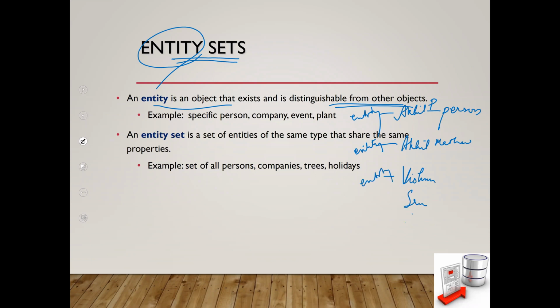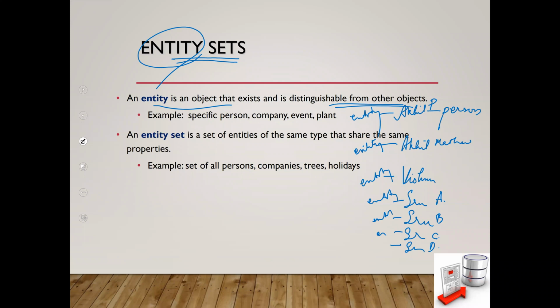I do have four Shrutis: Shruti A, Shruti B, Shruti C and Shruti D. Each of them is a person, and each of them is distinguishable from the other. Shruti A is different from Shruti B, which is different from Shruti C, which is different from Shruti D. All these are different persons. I can say each of them is an entity.